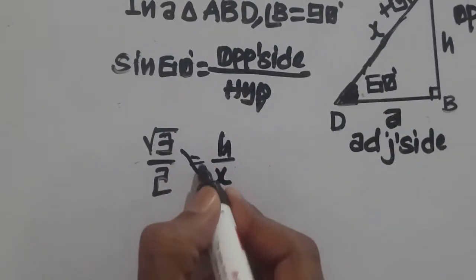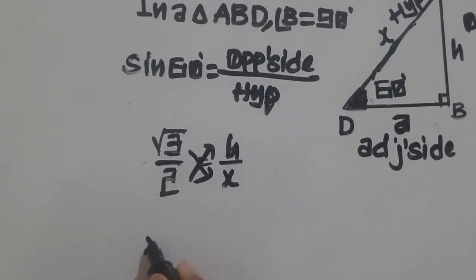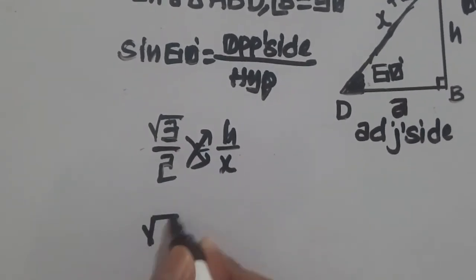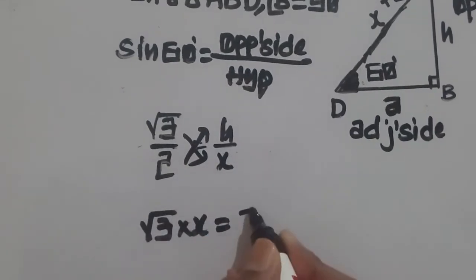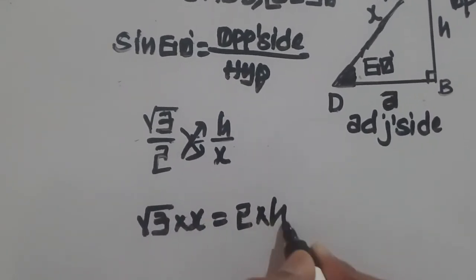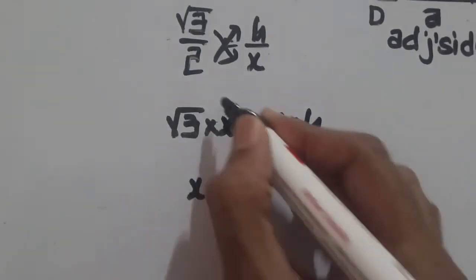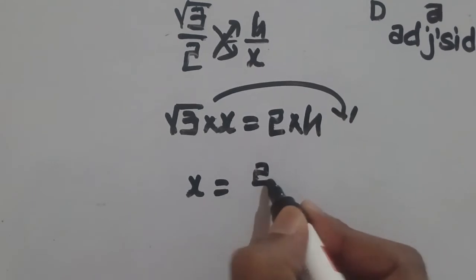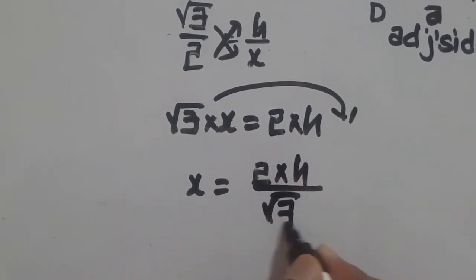Now by cross multiplication, root 3 into X is equal to 2 into H. Now X is equal to, moving root 3 to the right-hand side, multiplication quantity becomes division quantity, 2 into H by root 3.